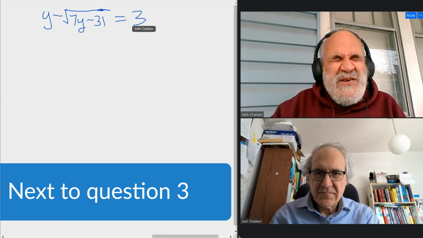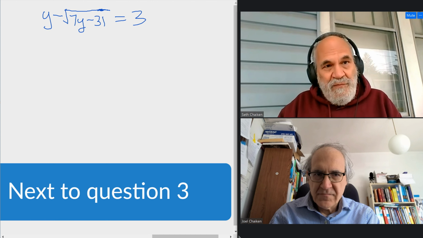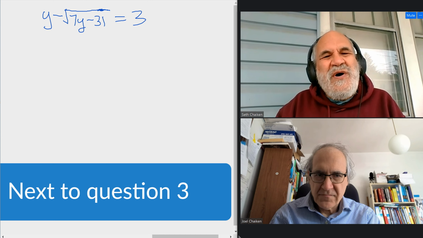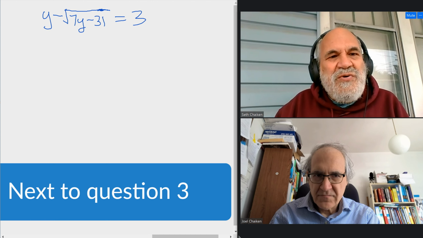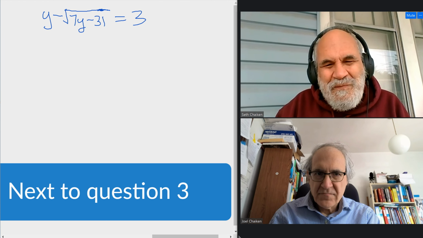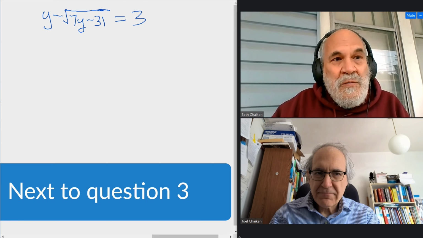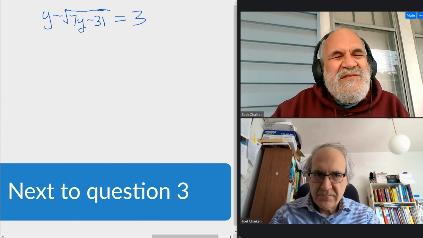So this is an equation, and I'm not even going to tell you what the question about this equation was, but the problem type is to figure out what the roots of this equation are. Now, this equation has a certain form.